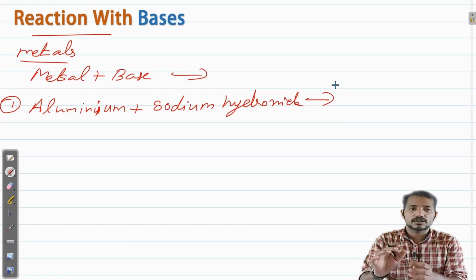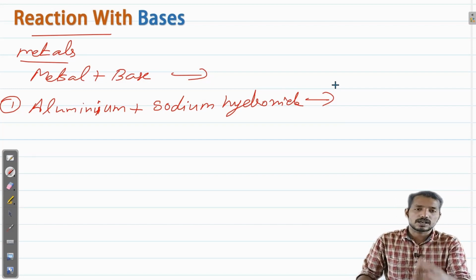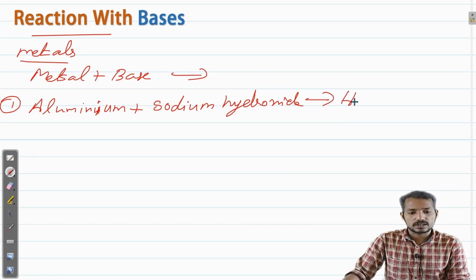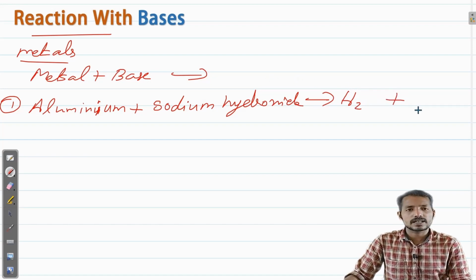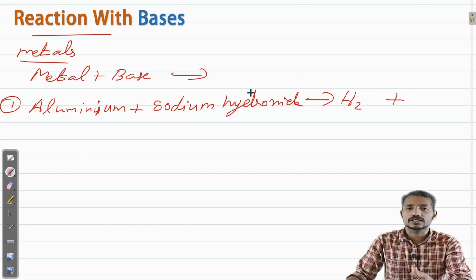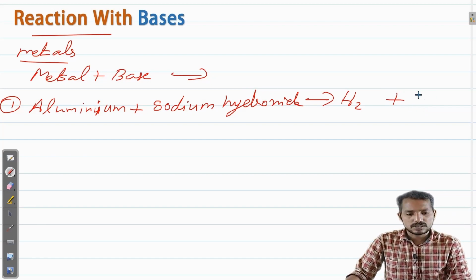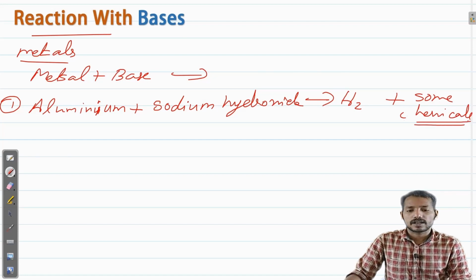You can check with the burning matchstick. It will produce a pop sound. That means hydrogen gas and some other substance. The reaction is not as simple as the reaction with the acid. So some chemical substance will be produced, and this hydrogen gas will be formed.